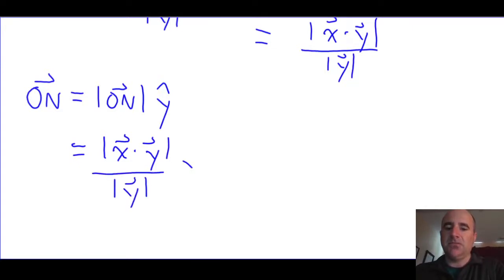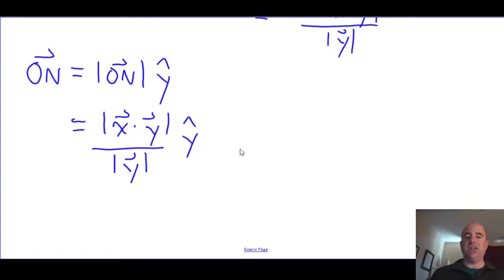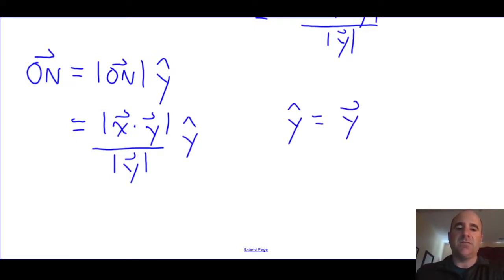Okay, just like so. Of course, any unit vector, y for example, the unit vector y is really the vector y divided by its own magnitude. Remember normalizing a vector? You might want to review that. That's how you normalize a vector, by taking a vector and dividing it by its magnitude. And so we can do the same thing here.